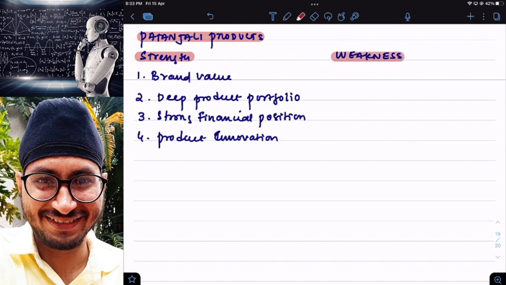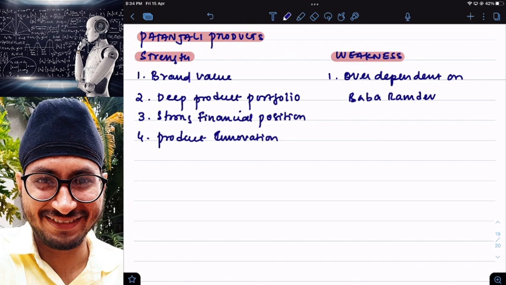Weakness number one, they are over dependent on Baba Ramdev for promotions. Imagine if Baba Ramdev was not the face of Patanjali, do you think it would have been as successful as it is today?